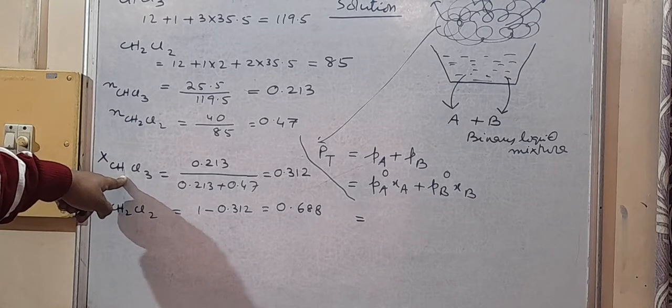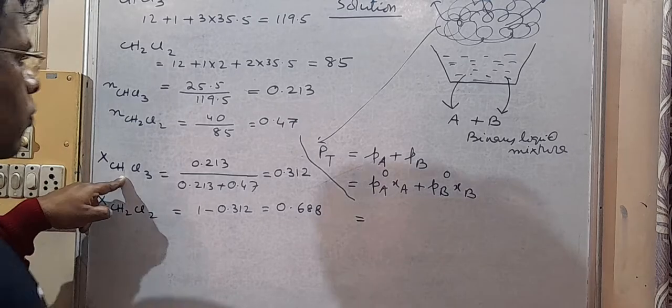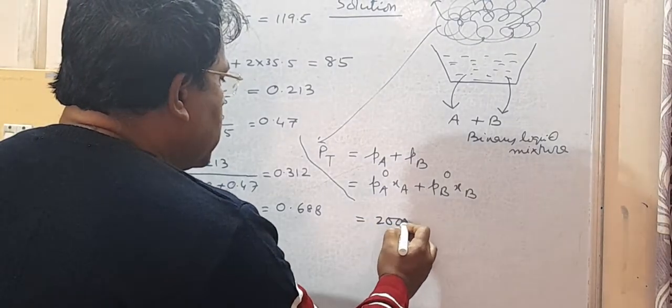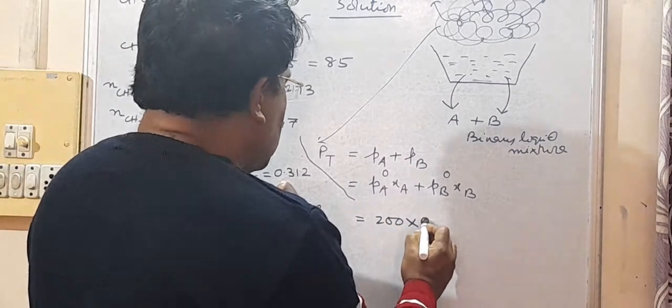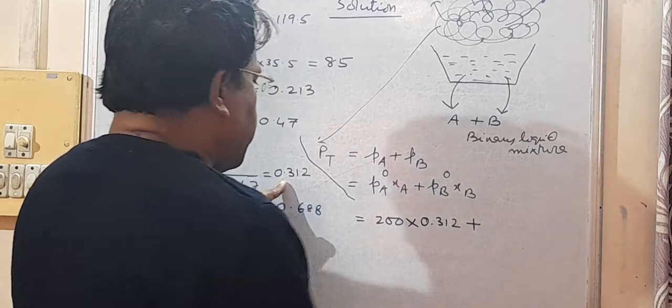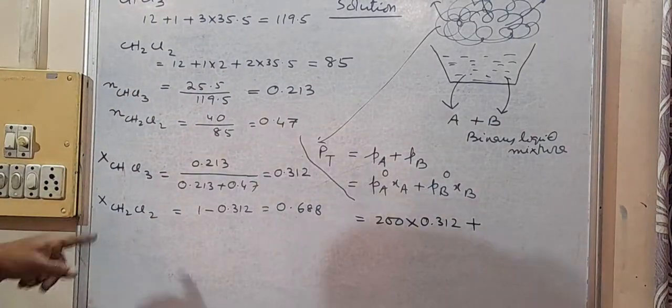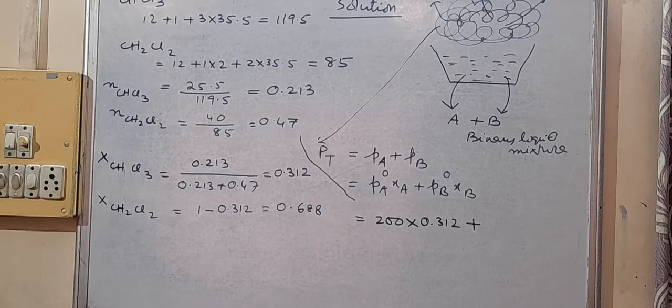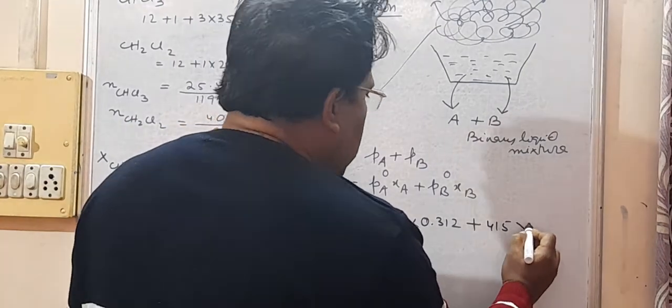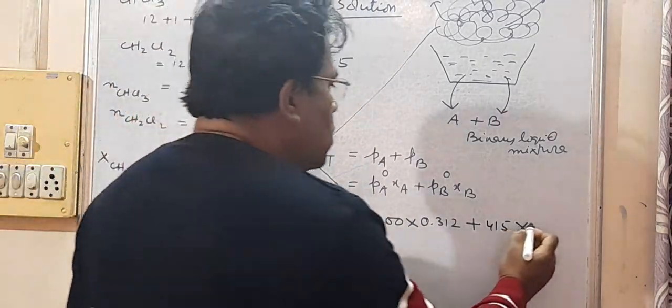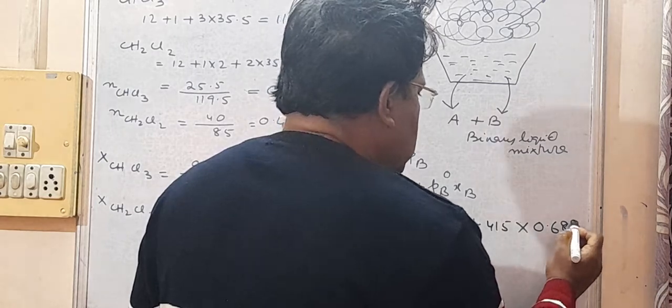The vapor pressure of pure chloroform is 200, so it is 200 multiplied by the mole fraction of chloroform, 0.312, plus the vapor pressure of pure CH2Cl2 given in the question, 415, times its mole fraction, 0.688.